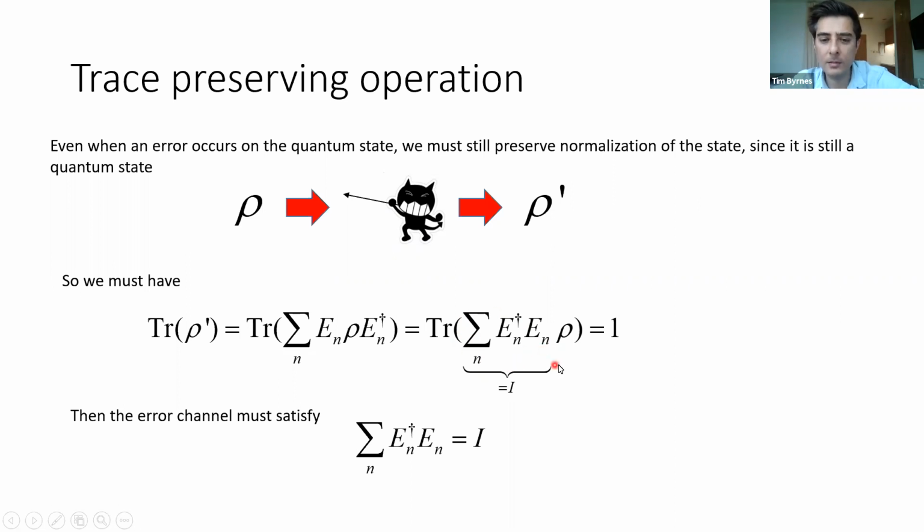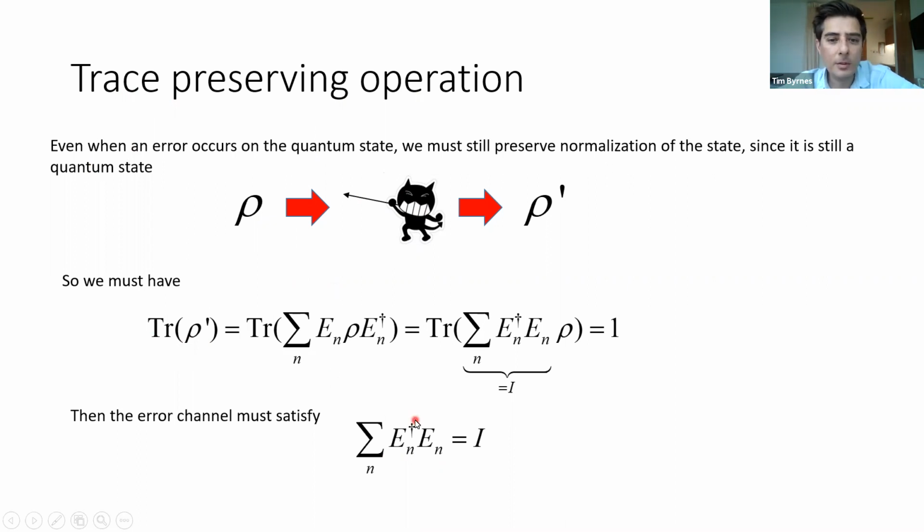If it's not, then there's a possibility that this could be something other than 1. But if it's identity, then definitely this trace will be 1, because initially this density matrix has a trace of 1. So this is one property that any error channel must satisfy, and it's called a trace preserving operation. It's pretty self-explanatory because it's an operation that preserves the trace. The trace is the same as what it was before this error happened.